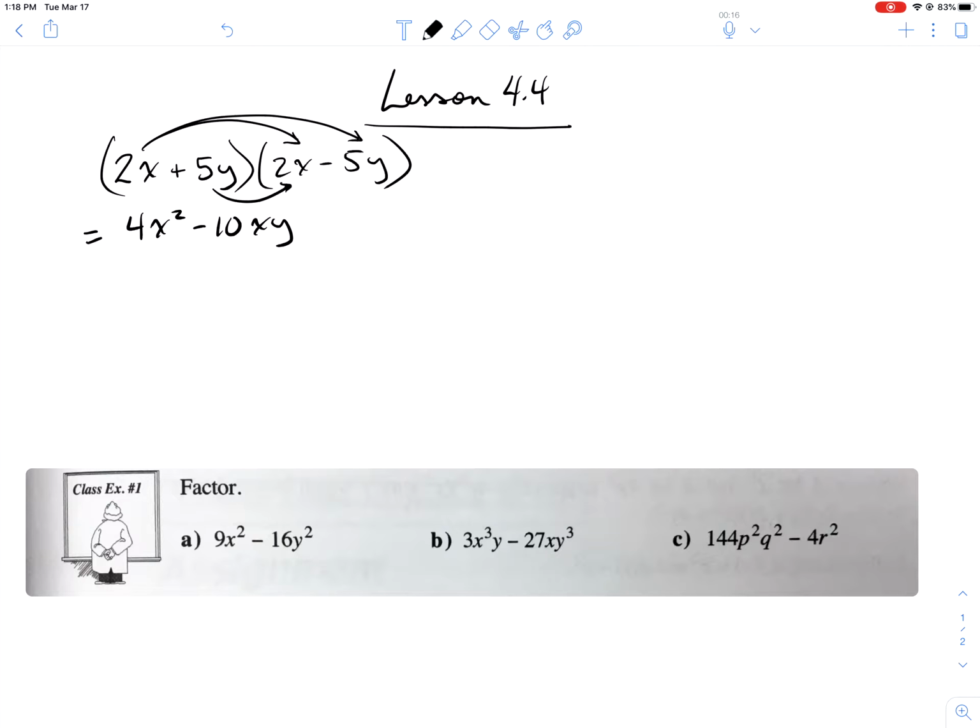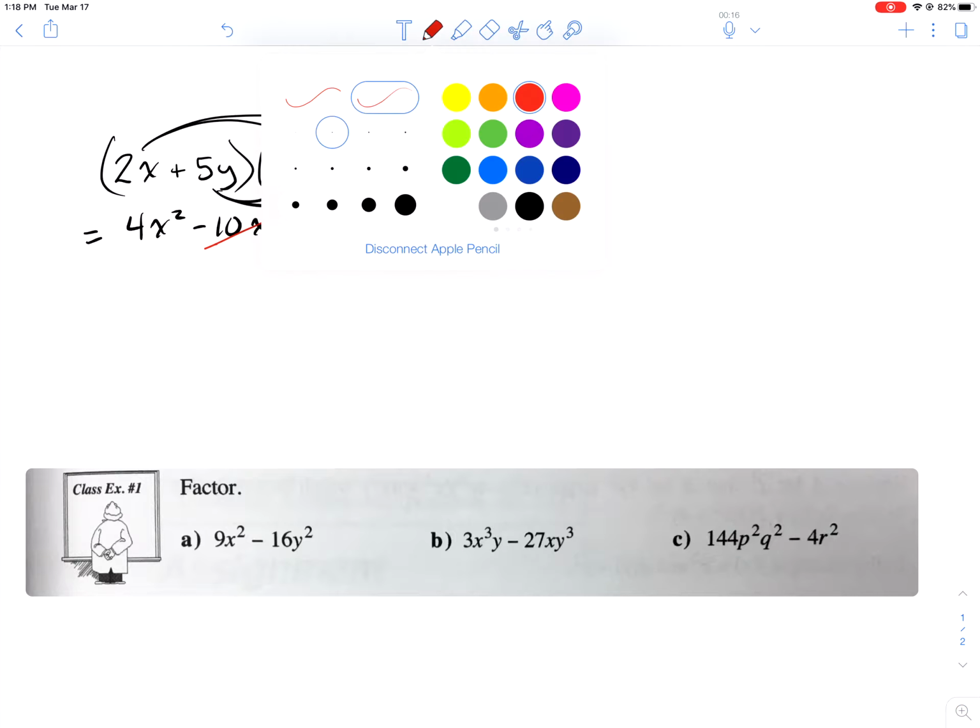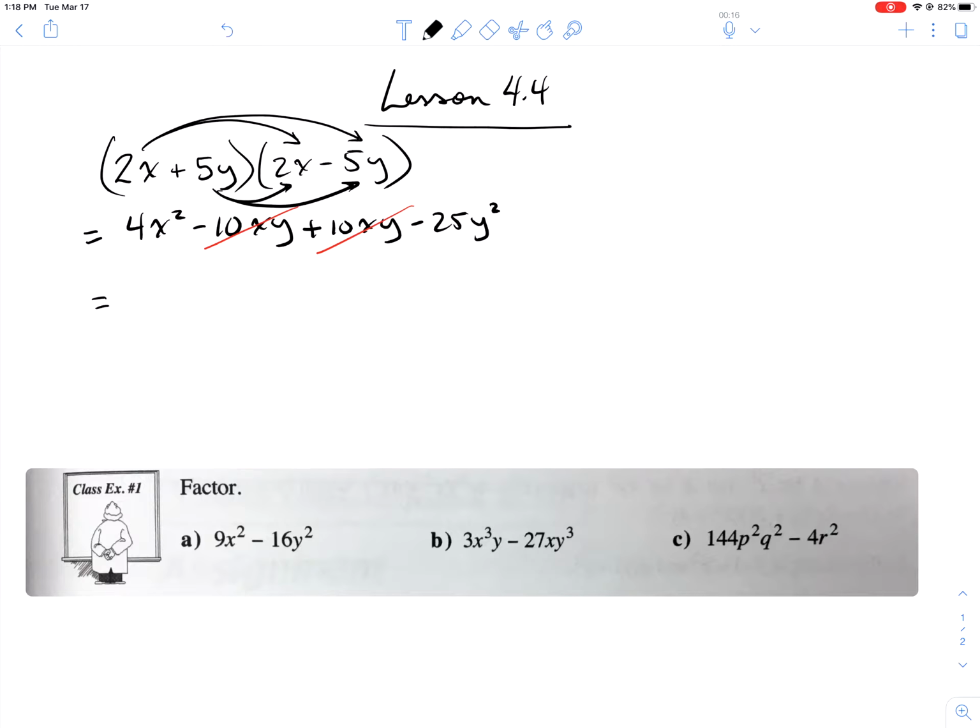And then I do my insides and outsides, and I get plus 10xy minus 25y squared. We can see that these two middle terms actually cancel out really nicely, and we get 4x squared minus 25y squared.